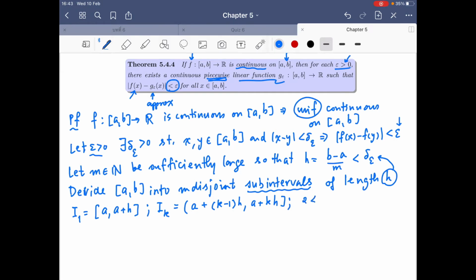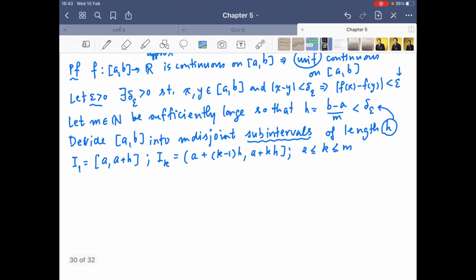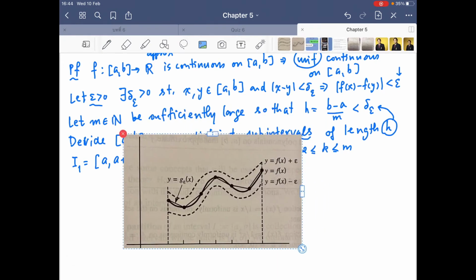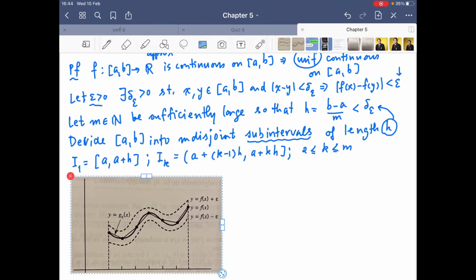So this is from 2 to m. So basically the idea or the picture, roughly speaking, will look like this.